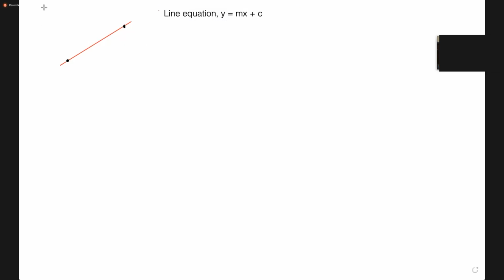If this is on this type of Cartesian plane, this is x-axis, this is y-axis.